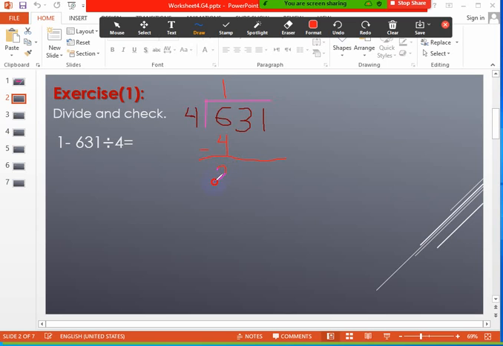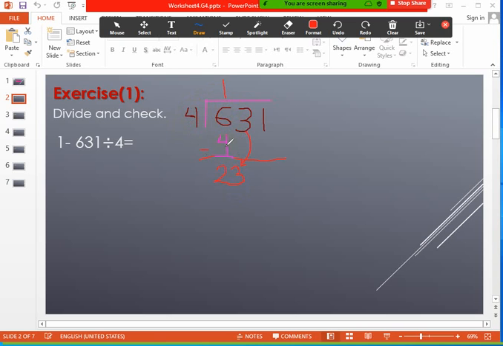Very good. Now I finished the hundreds. What I have to do, I will take the digit after it, the tens, and put it next to the number. I will take it down. So the number becomes what? 23. Now I want to divide the 23 by 4. I have to think about the multiplication table. Which number, if I multiply it by 4, the answer will be the closest number to 23?